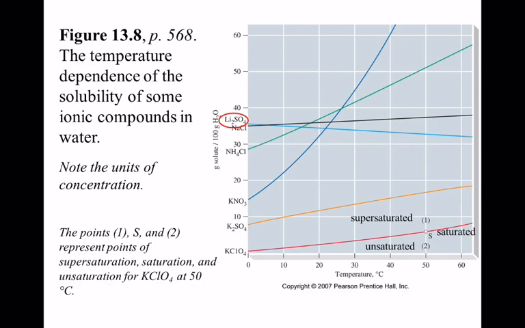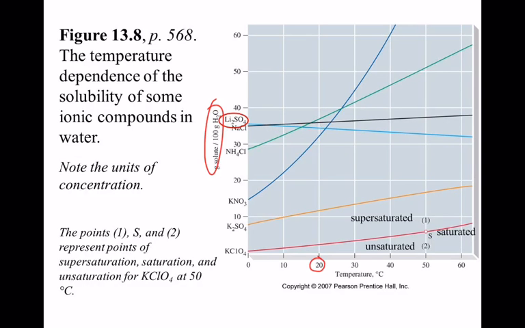According to this graph, at 20 degrees, and again, the units along the y-axis are different than we're probably used to, it's maybe 34 grams of lithium sulfate per, no, I was looking at the wrong line, sorry.